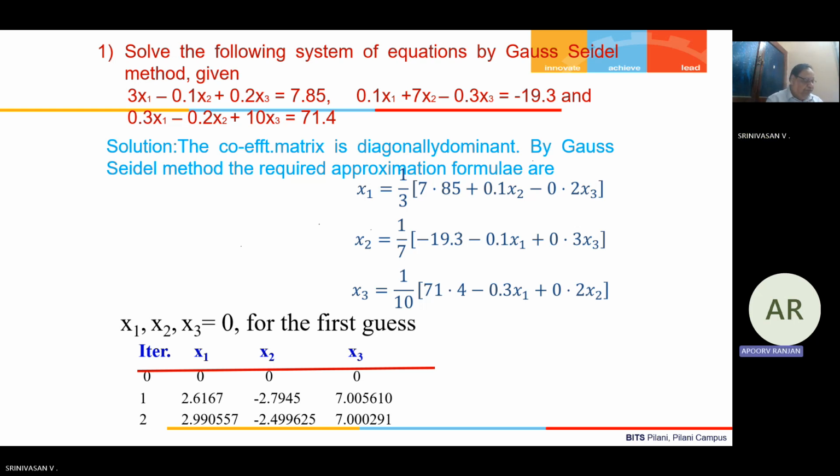Kindly check. Is it negative? 1 by 7 into minus 19.3 minus 0.1 into 2.6167 plus 0.3. Of course, that becomes 0. Everything is minus only.